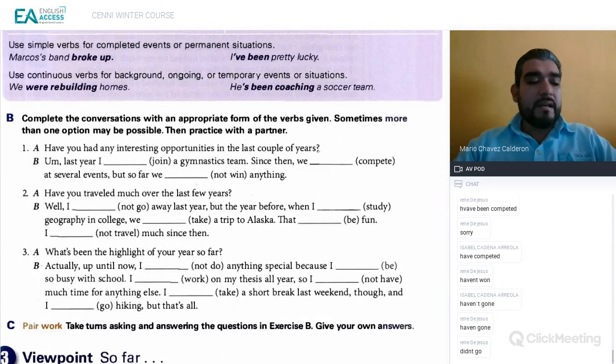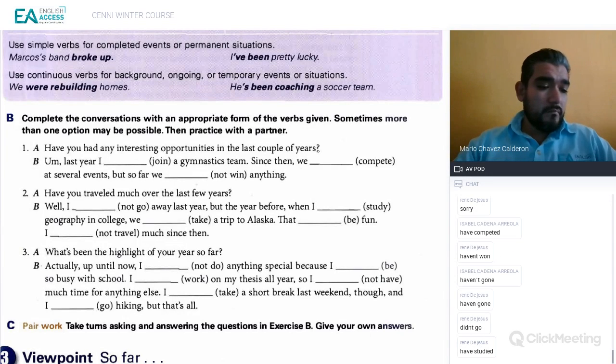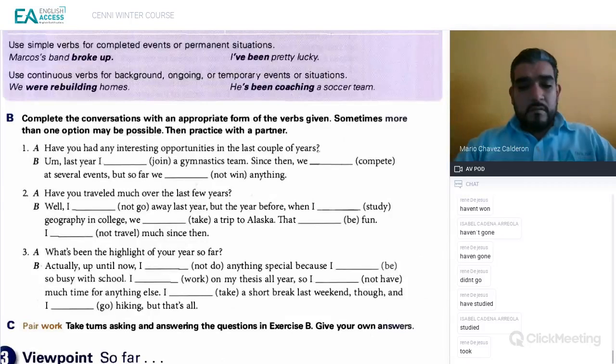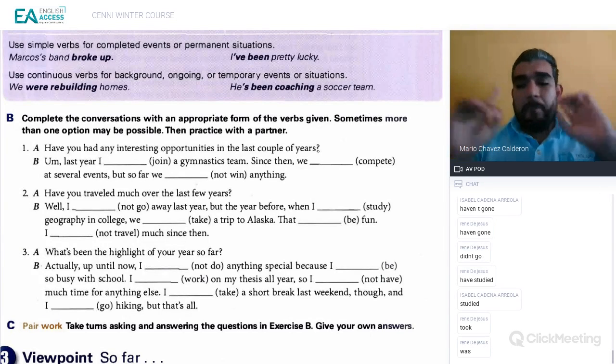But the year before, when I studied, let's see, when I studied geography in college, we took a trip to Alaska.